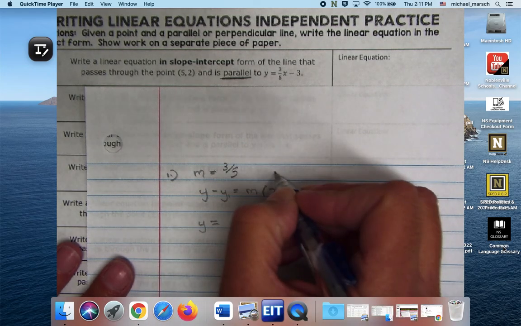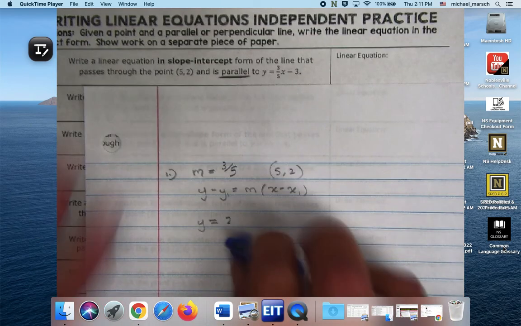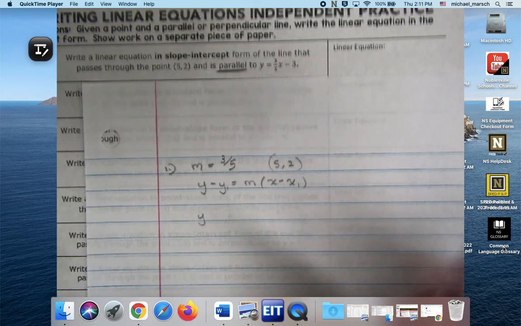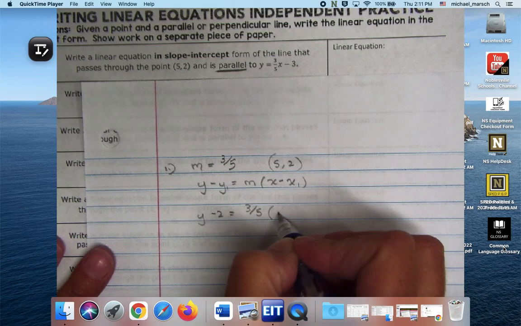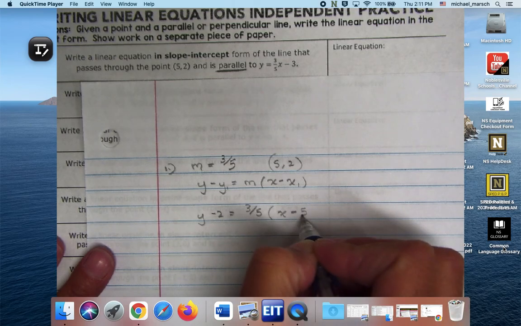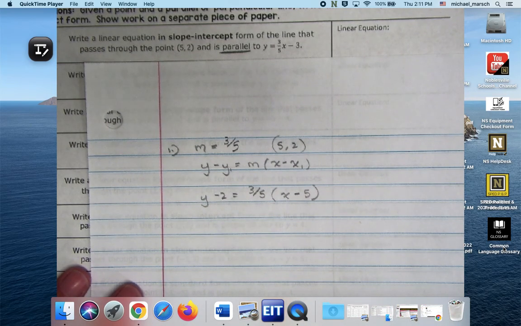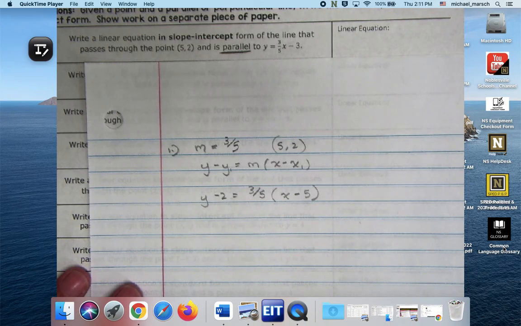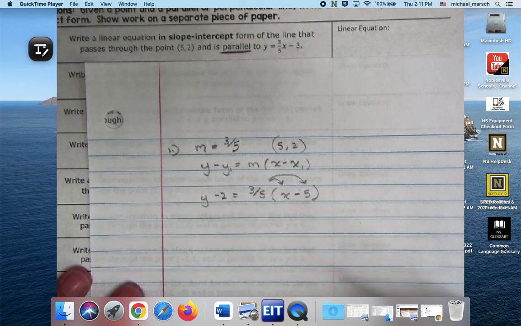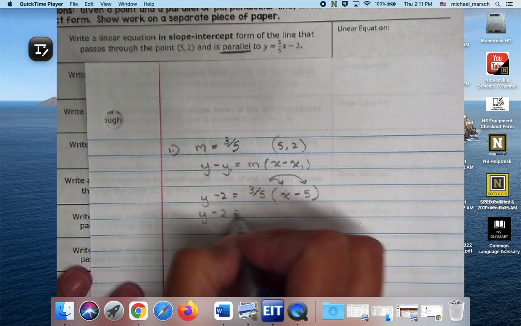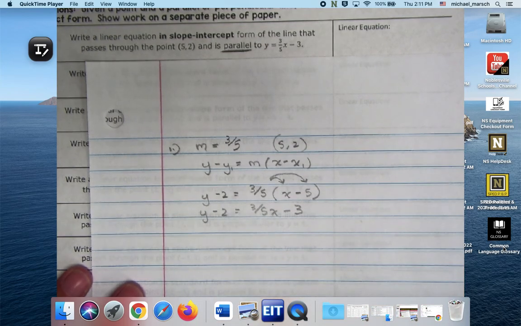So now I'm going to work this out. Remember my point is 5, 2. y minus 2 equals 3/5 times the quantity x minus 5. So now I'm going to distribute this 3/5. y minus 2 equals 3/5 x minus 3.